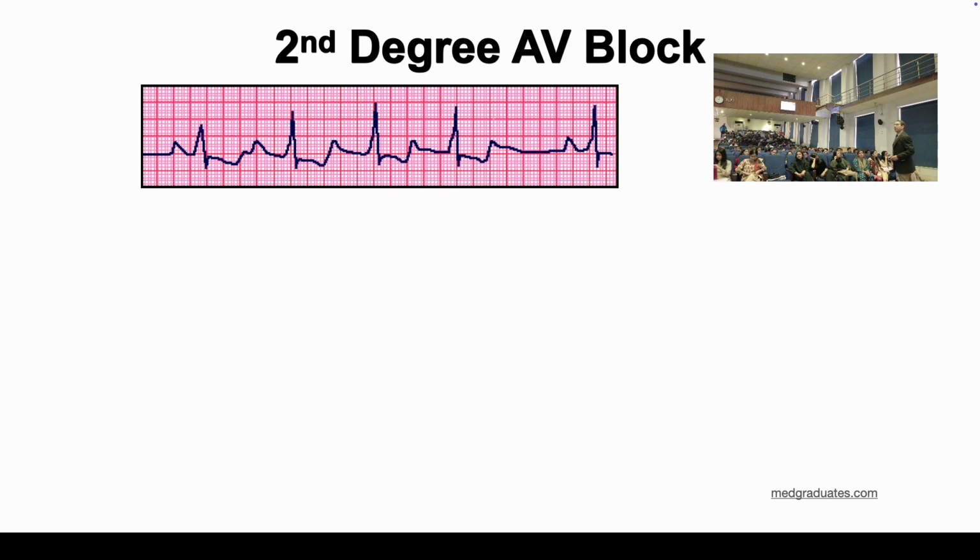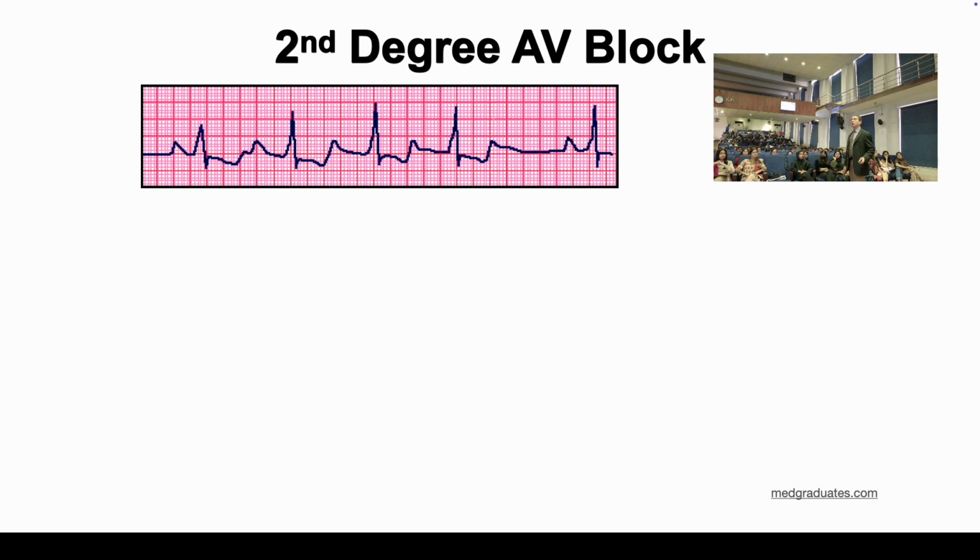You see, this is the PR interval in this beat, then this PR interval elongates further, prolongs further, and then a beat is missed. So this is called Mobitz type 1 second degree heart block.